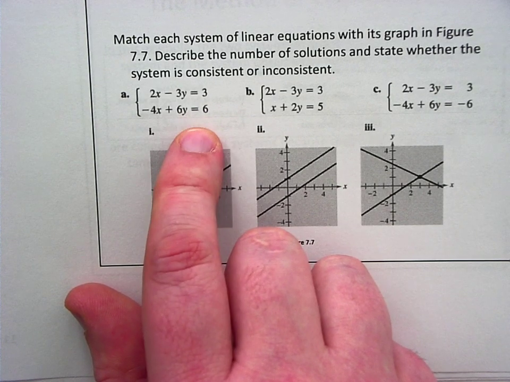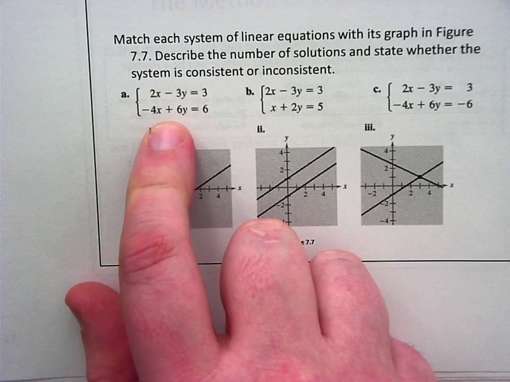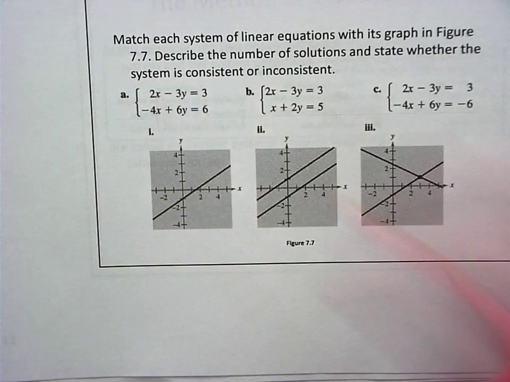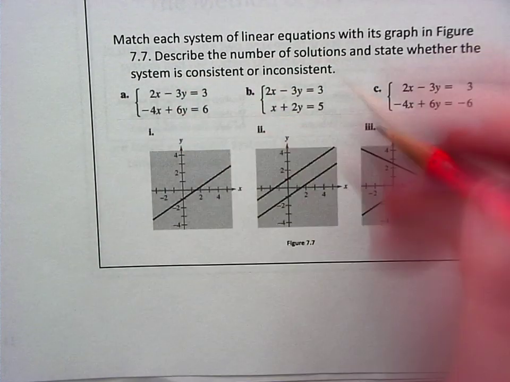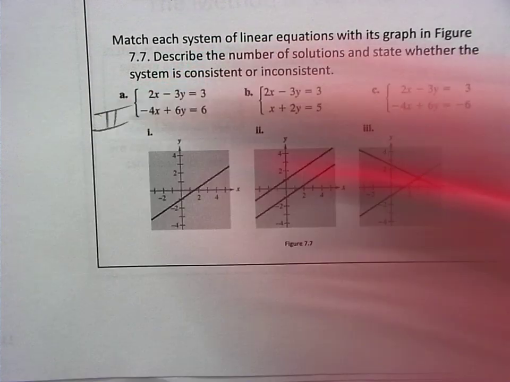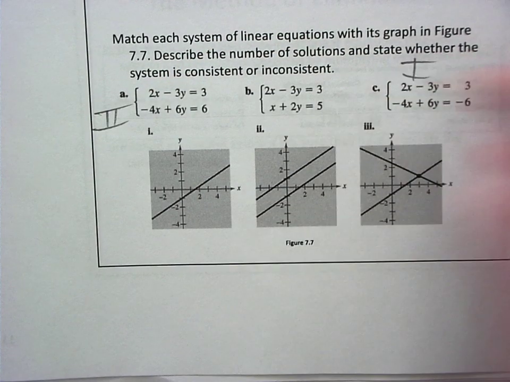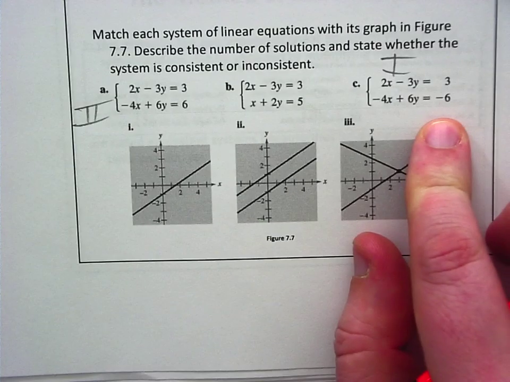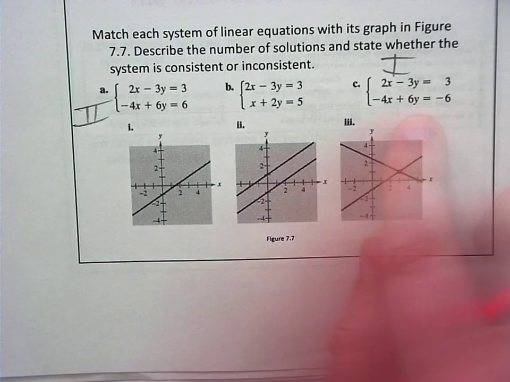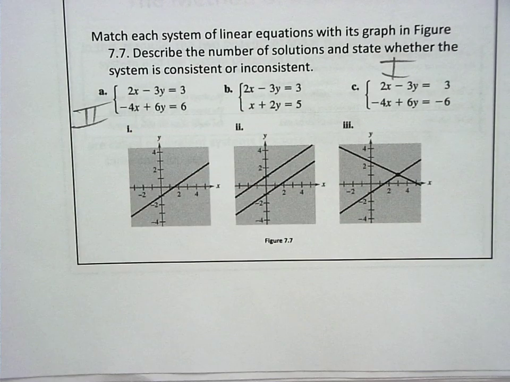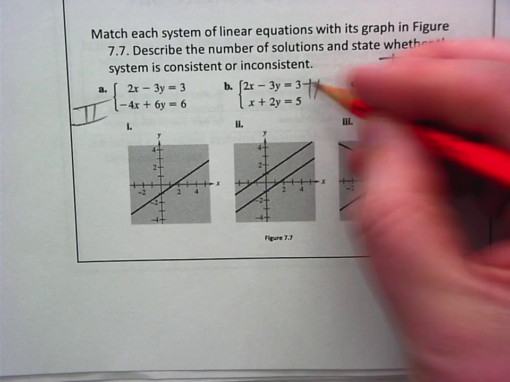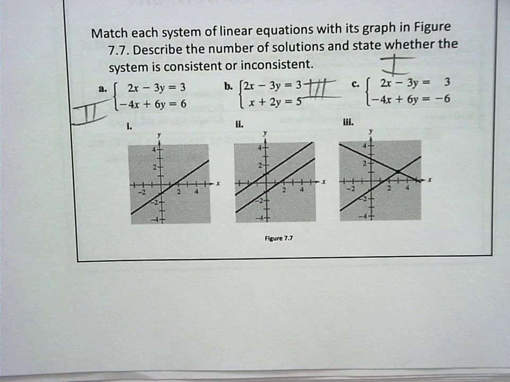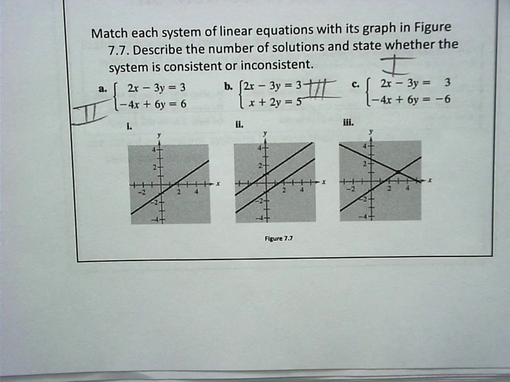This is actually parallel because these numbers are in ratio to each other, but these aren't. So this one are the parallel lines. So A is 2. C is this one because if I multiply by negative 2, that would match up. So these are the coincide, these are the parallel. This one then, well, the only thing left is that those have one solution. So how do you know the difference between parallel and like the on top of each other?